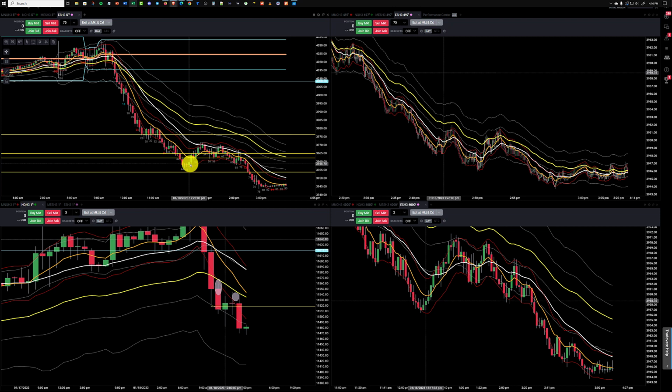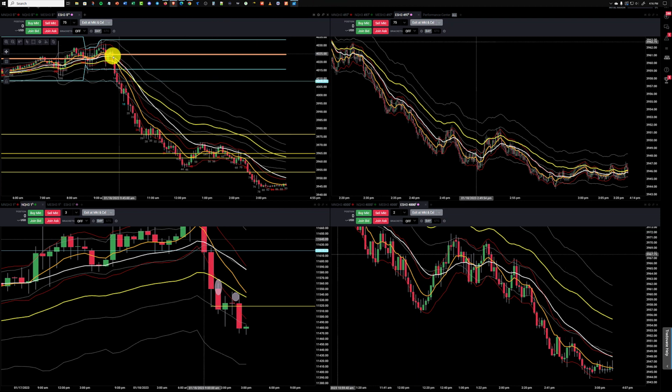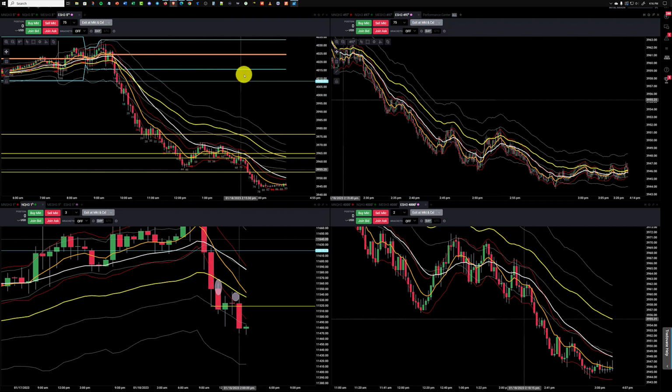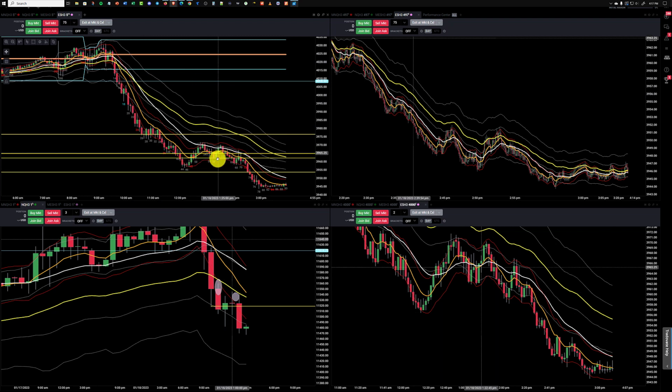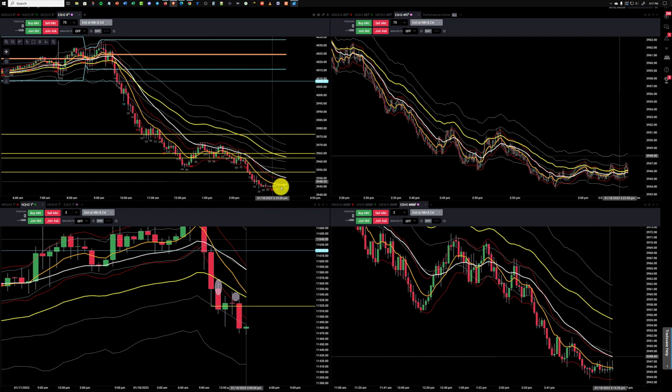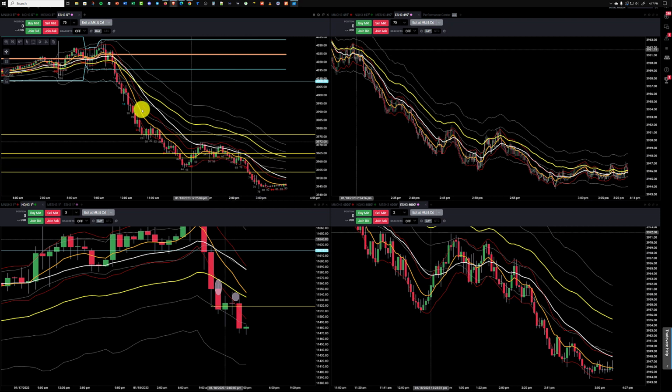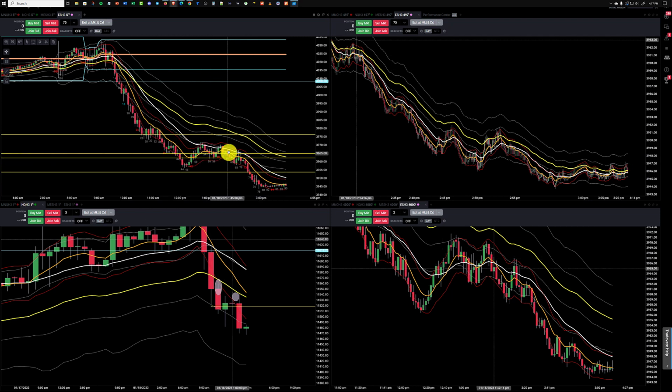This is one of those days where, if you entered a position here, you had multiple opportunities to add to that position, and you really didn't get any signal to get out until here. And even then, all you had to do is be patient, and you got no signal to get out of any short trade. There is no signal at all on this chart to get out of any short trade.